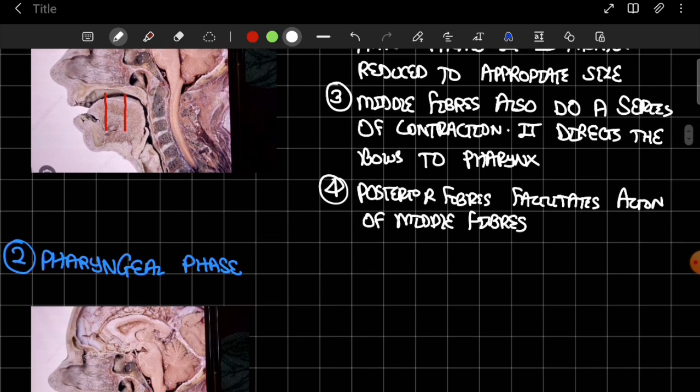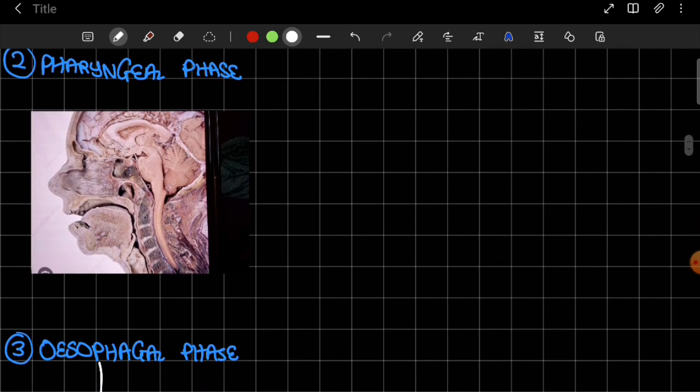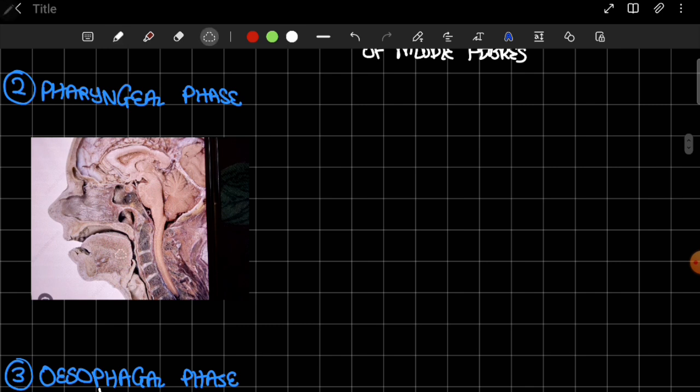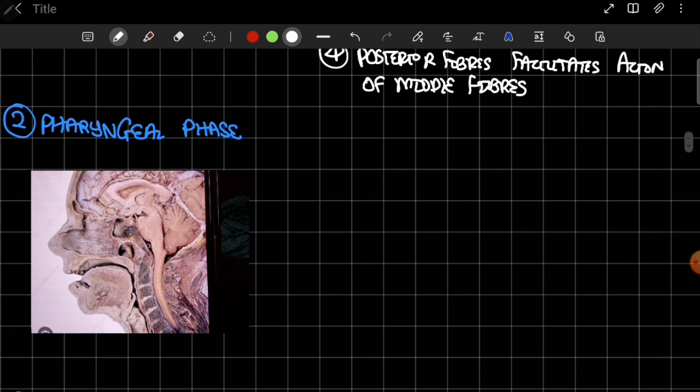Now the pharyngeal phase, again this picture. Now this picture holds utmost importance. Why? The pharyngeal phase is the most important phase and it is included in the protective mechanism. Mark my words, protective mechanisms. Now what are the protective mechanisms that should be done in case of deglutition?